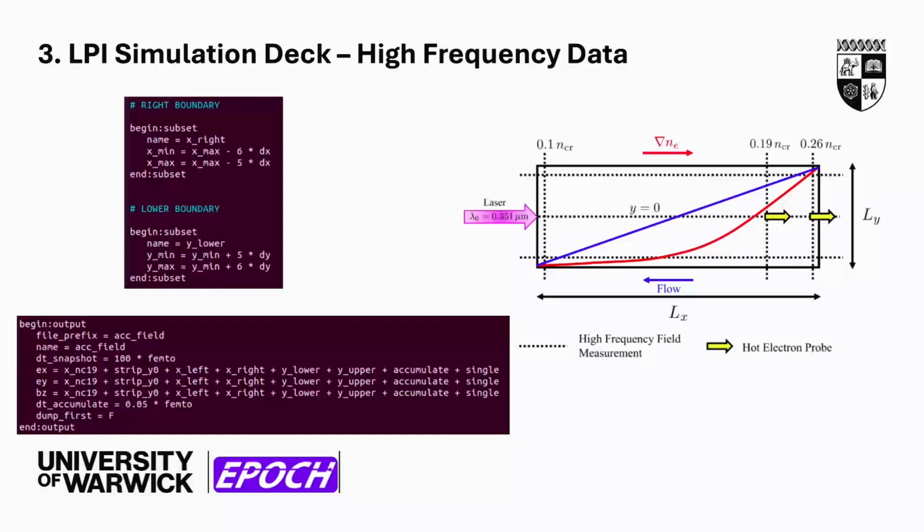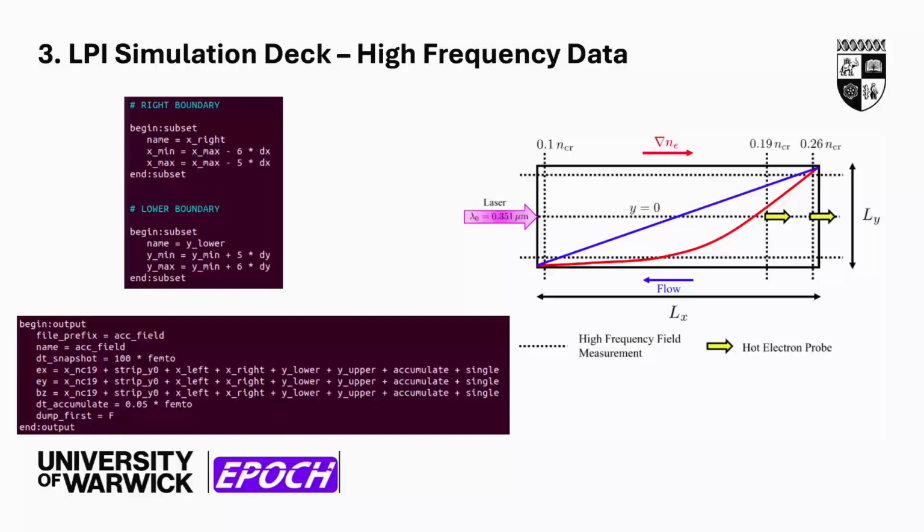Rather than outputting the entire field grid at all the times I need to: if you want to do this filtering, you're going to have to resolve the laser frequency, which means normally you'd have to output at something like 0.1 or 0.05 femtoseconds. If you did that without these accumulator fields, you would end up with about 50,000 SDF files. It's a bit of a pain.